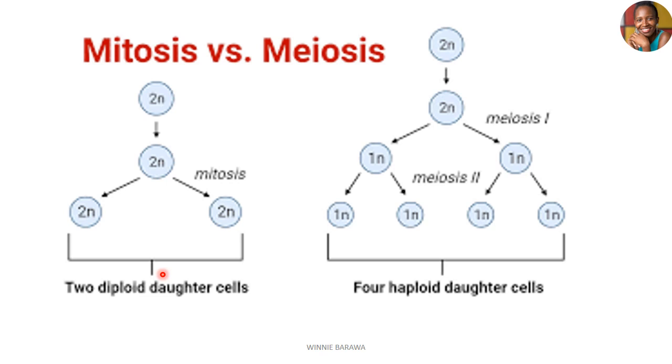In the diploid daughter cell, the daughter cells have a similar chromosomal number as the parent cells. So in mitosis, this is how it happens in summary, and meiosis is a two-stage process that produces the haploid daughter cells, where we undergo meiosis 1 and meiosis 2 till we produce the haploid daughter cells.